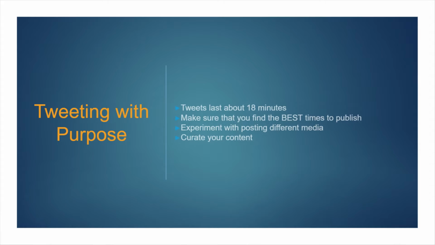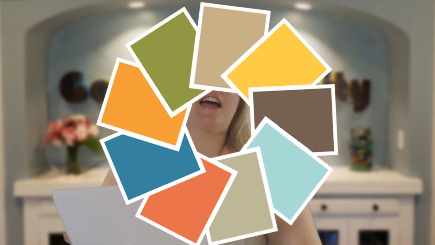Okay, so next is going to be curating your content. Twitter's used for a lot of things, but mainly I'm going to say as a source for news and information. So keeping this in mind, you want to curate your content to align with this theme. Even though you're a builder and you're trying to get your brand out there, you want to remember why people are using Twitter, right?